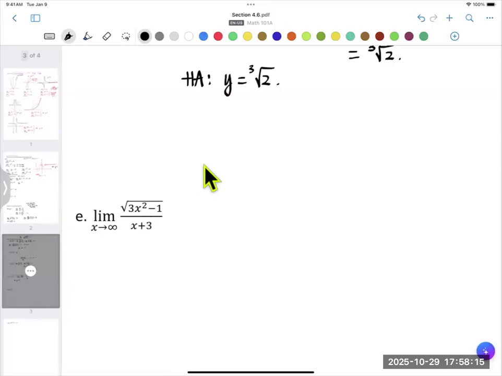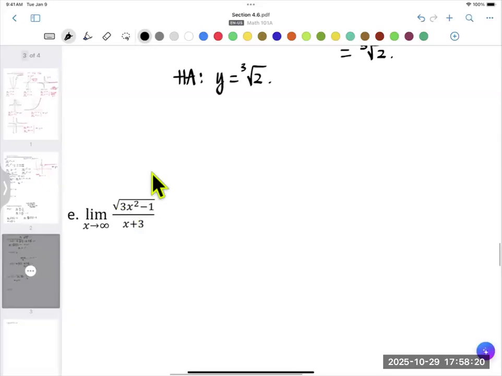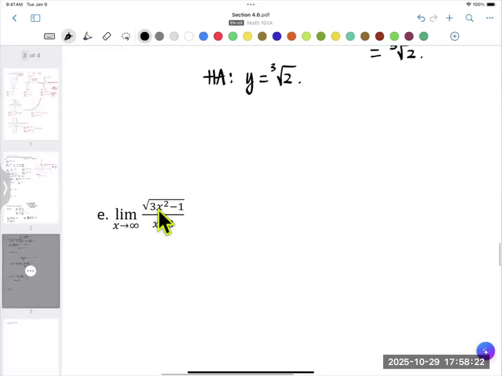Then we won't be able to bring that outside like in the last one anymore. No more limit property will be applied. But if you look at the leading term of the numerator, this is the square root of x to the power 2, right? So we focus on the leading term. If we take the square root of 3x squared, then we're going to have square root of 3 times x.